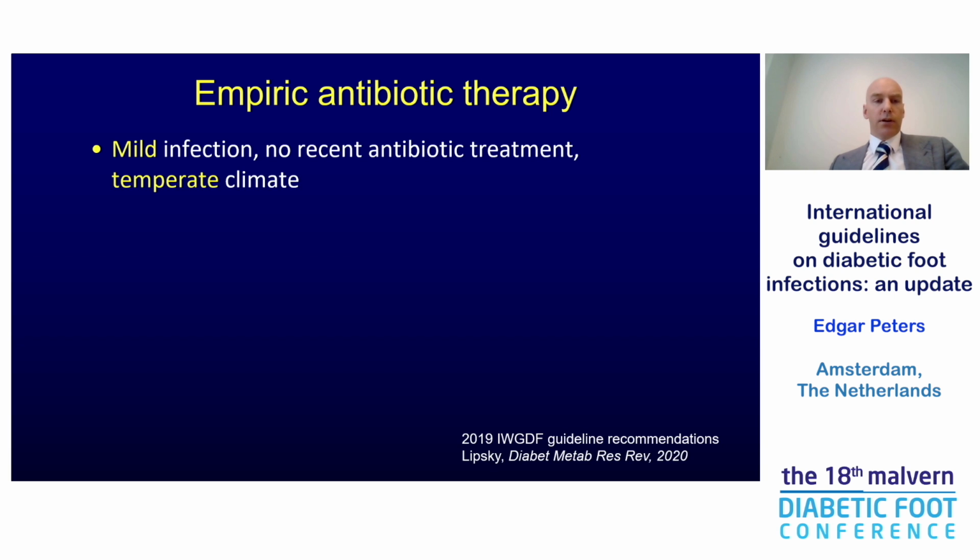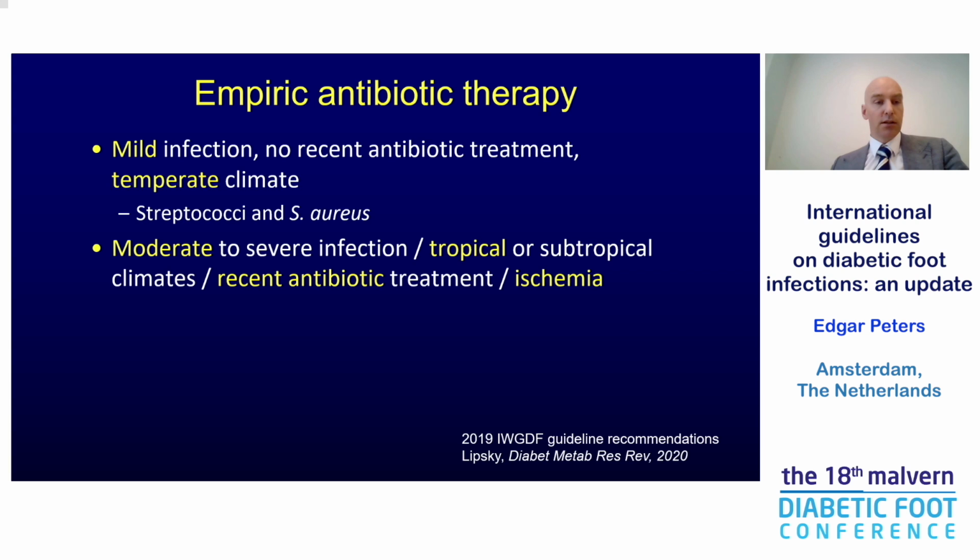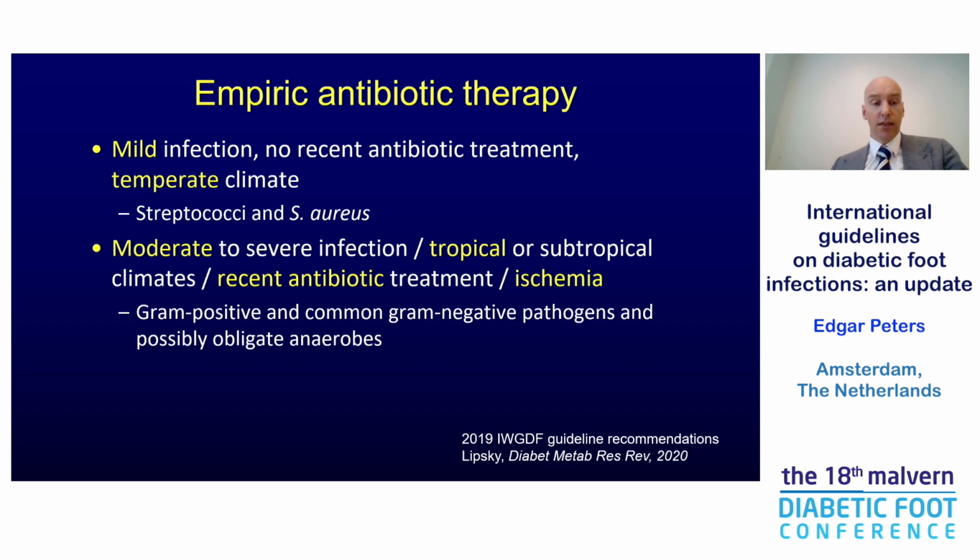Now, what kind of empiric antibiotic therapy should we prescribe? Well, in case of mild infection, no recent antibiotic treatment in a temperate climate, you can stick to giving therapy for streptococci and Staph aureus. In the case of moderate to severe infection, if you live in a tropical or subtropical environment, if you've recently prescribed antibiotics, or in case of ischemia, then it's wise to also cover gram-negative pathogens and obligate anaerobes.